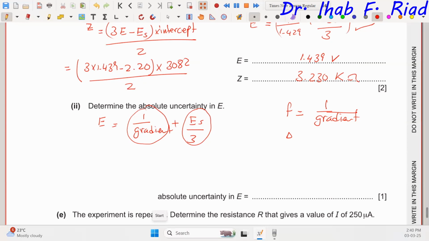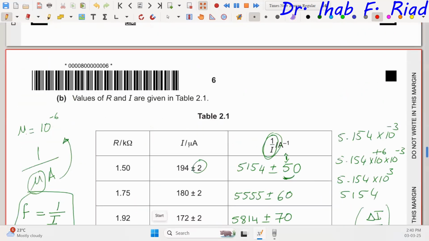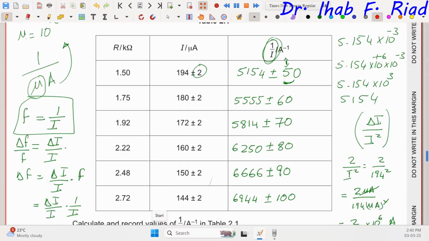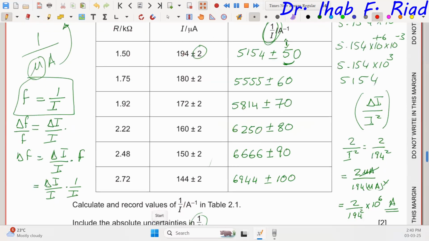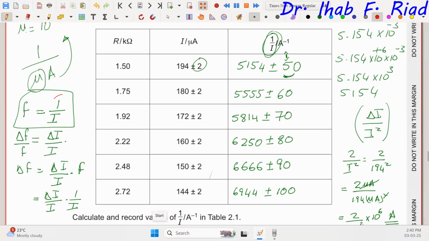Not exactly. Remember 1 over I? It was delta F is equal to delta gradient divided by gradient squared, right? Yes. Remember when we did it for the 1 over I, the one over the function. Yes.